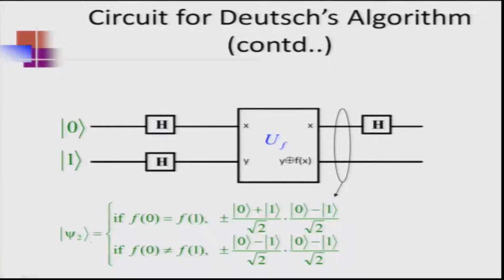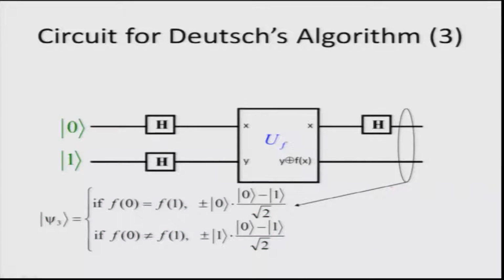So, let us see. Here, once we have gone through this step, through the unitary operation, we find in this circuit that our wave function psi 2, as a result of this operation, will have two different conditions. If f of 0 is equal to f of 1, then we get this value, whereas if f of 0 and f of 1 are not equal, then we will end up producing this other condition.